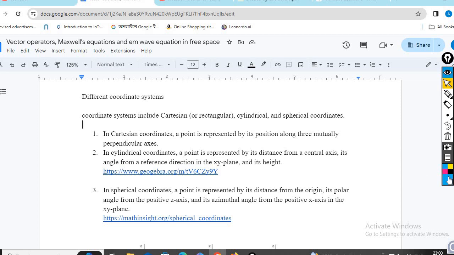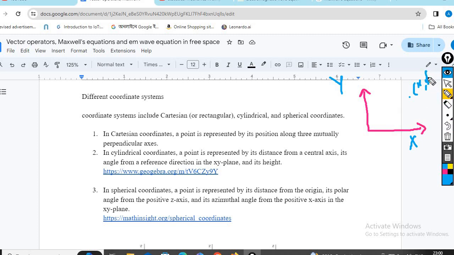To discuss linear and polar coordinate systems, one can take a simple axis. Let me discuss it for 2 dimensions, then we can extend it to 3 dimensions. Normally we consider this as the x-axis and this as the y-axis. So it's a linear coordinate. Any point on this surface can be represented by some value of x and some value of y.